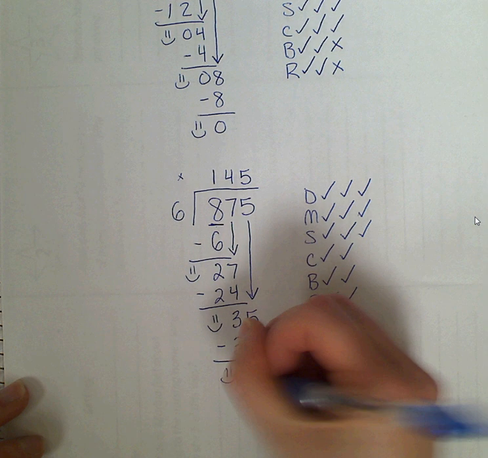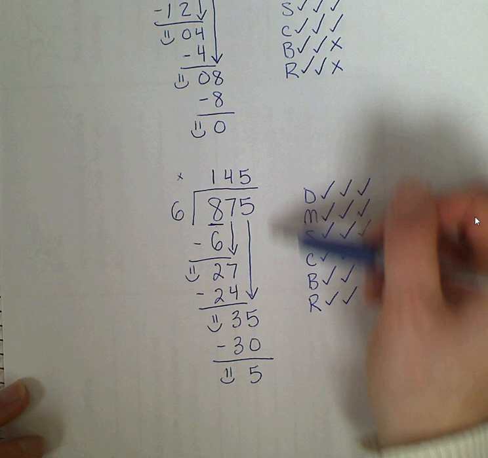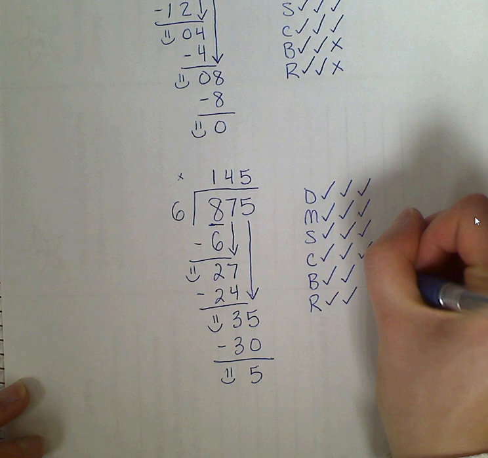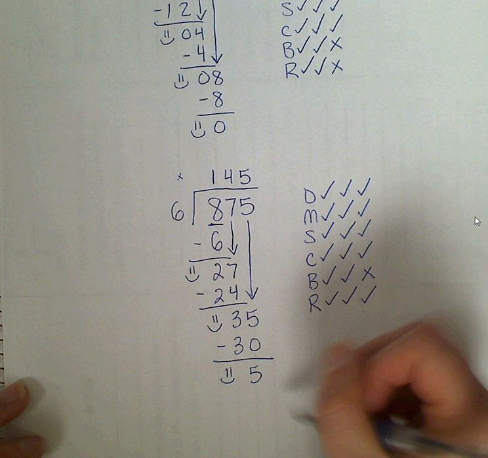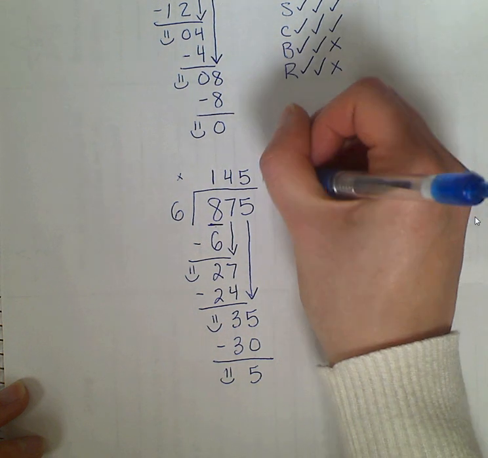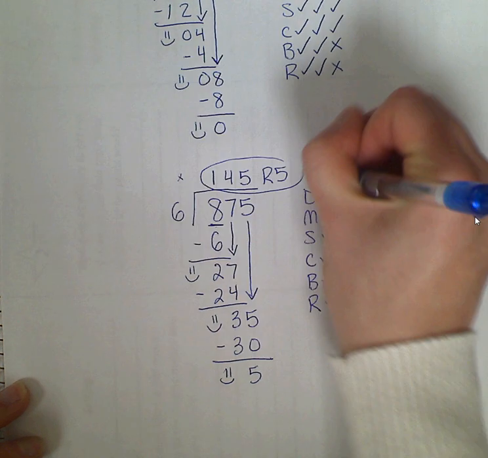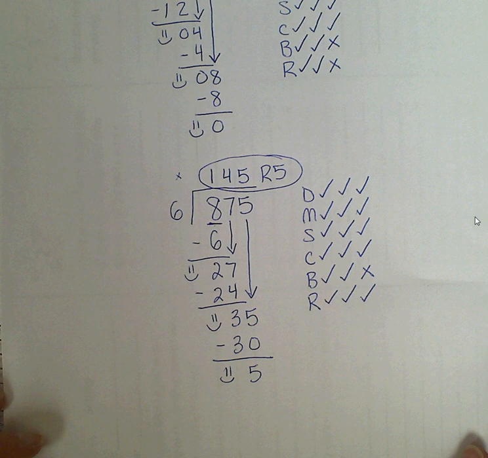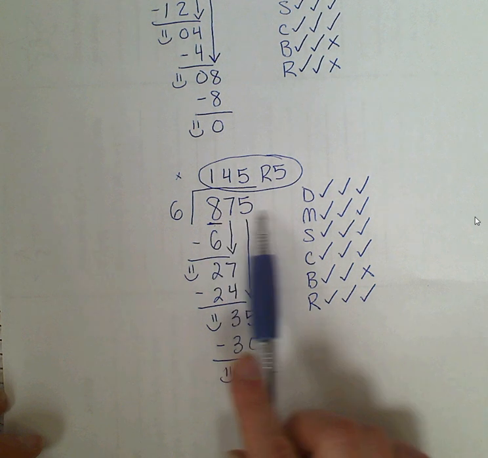Just barely, but it works. Okay, anything else to bring down? Nope. And do I have a remainder? I do have a remainder, so bring that puppy up top. Remainder 5.